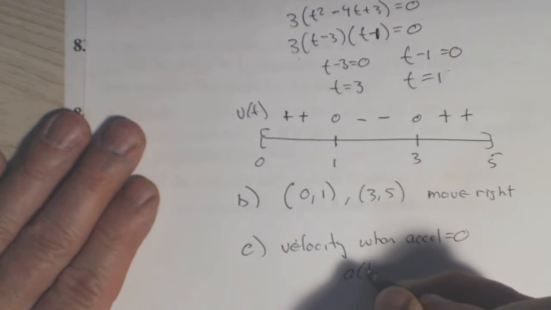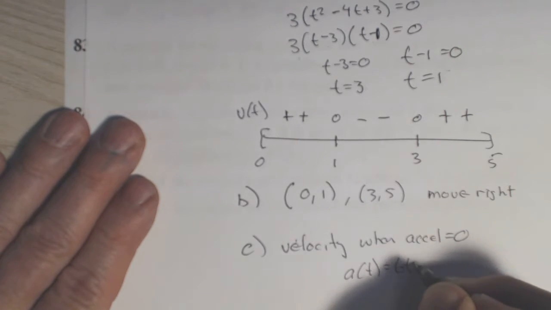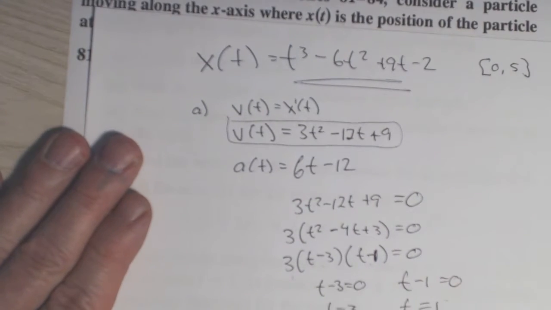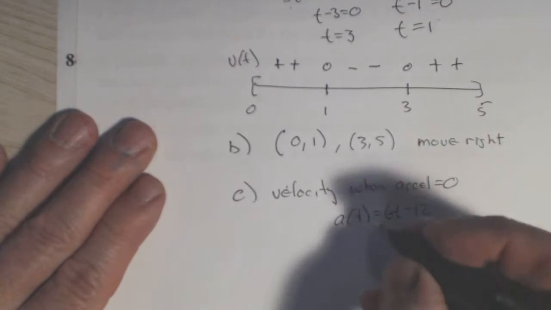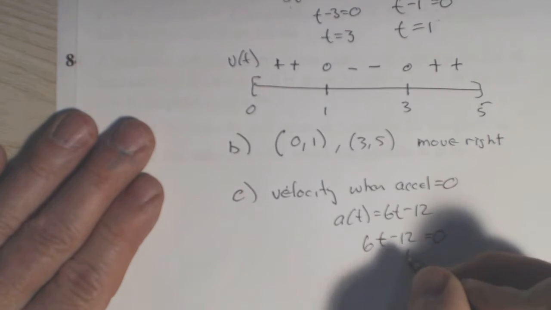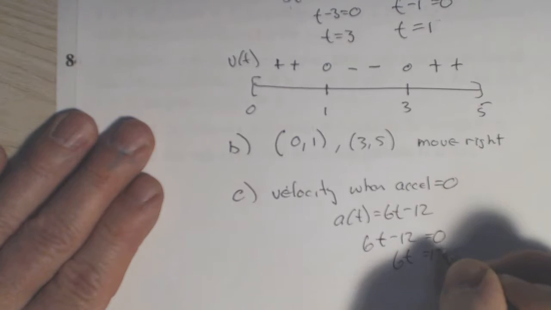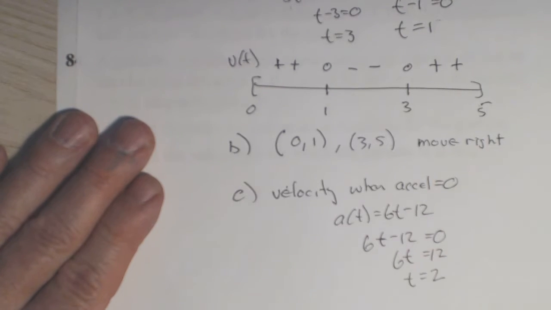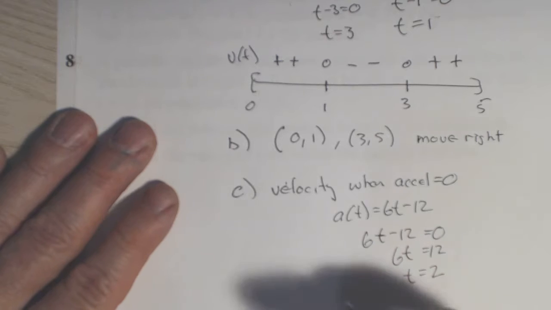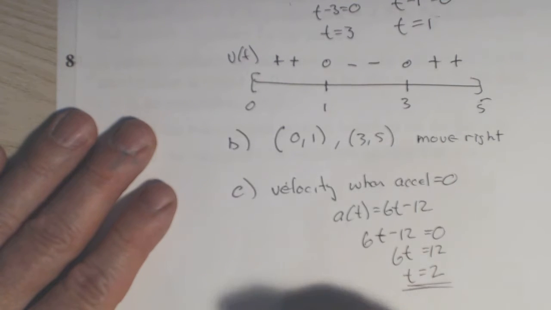Remember, a of t was 6t minus 12 from way up here. So 6t minus 12 equals 0, 6t equals 12, t equals 2. So at t equals 2, acceleration is 0, so the answer to this question is v of 2.